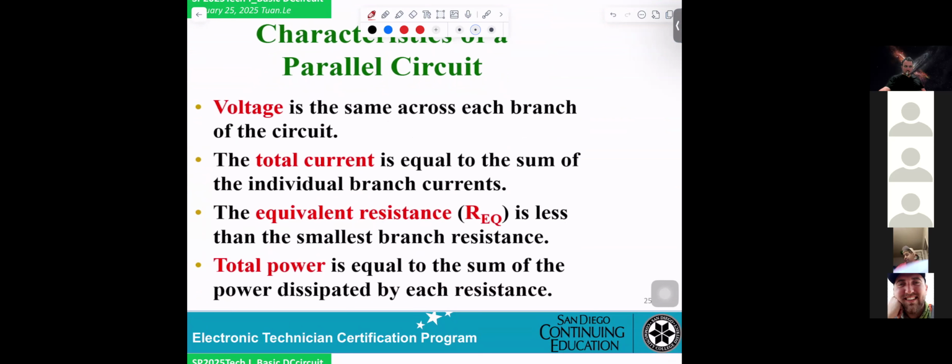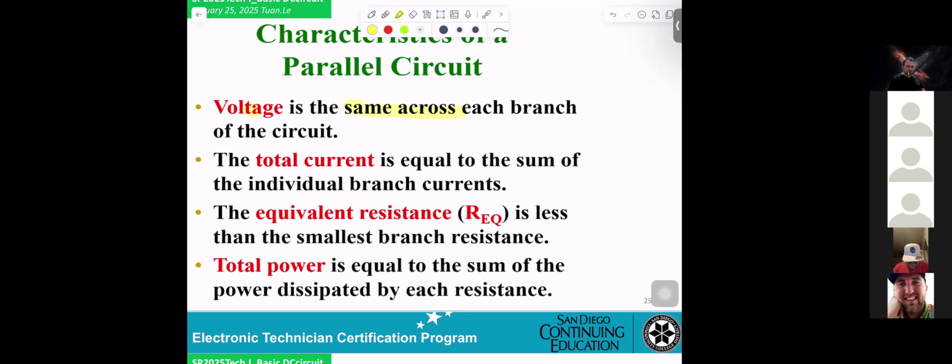Parallel circuit. Voltage is the same across each resistor. Total current is equal to the sum of the individual branch currents.